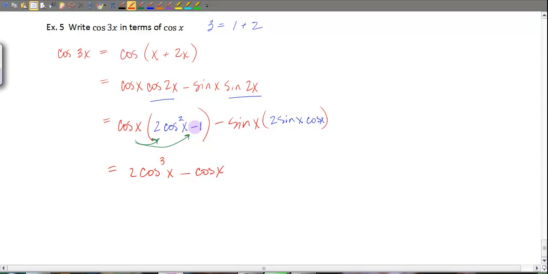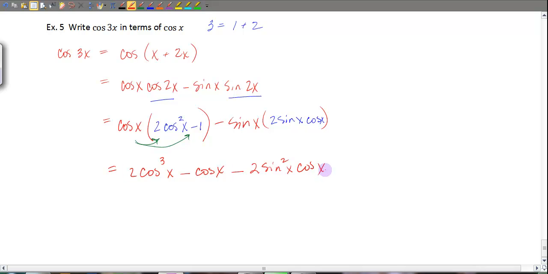And then cosine x minus 1 is this. Minus. Now, when I multiply sine into this whole thing right here, that's going to give me 2 sine squared x cosine x, because a sine times a sine is just simply sine squared x.